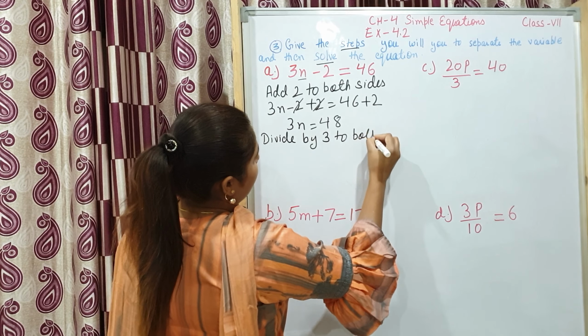But what do we have to do? We have to find the value of the variable P only, not minus P. Now this minus means minus 1 multiplying with P. We will divide by minus 1. Divide by minus 1 to both sides. Minus P upon minus 1, 15 upon minus 1.